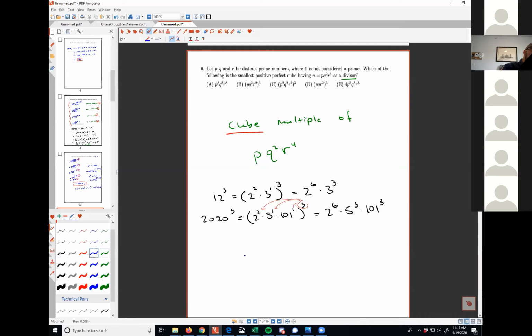To demonstrate, I'll show one example and then show generally how this works. If we had, for instance, 2 to the 3rd power times 3 to the 6th power times 5 to the 12th power, we could rewrite that as 2 to the 1st times 3 to the 2nd times 5 to the 4th, all taken to the 3rd power.